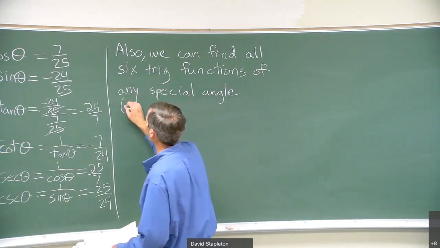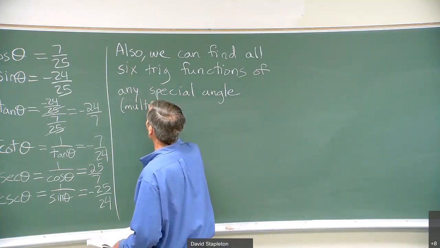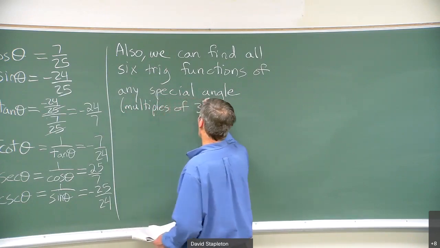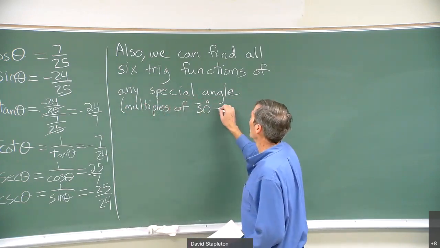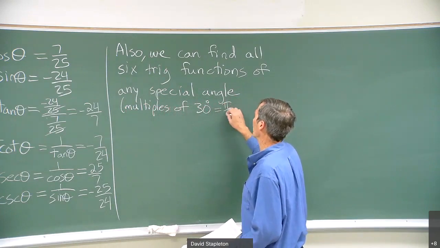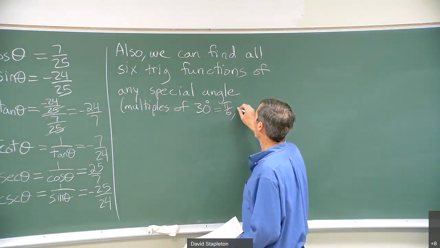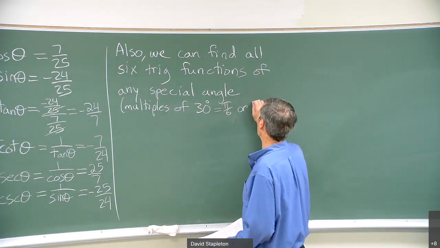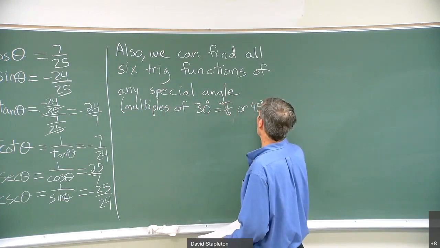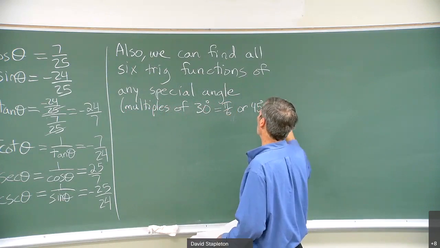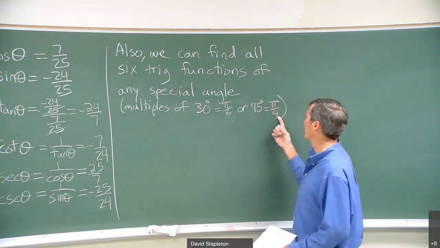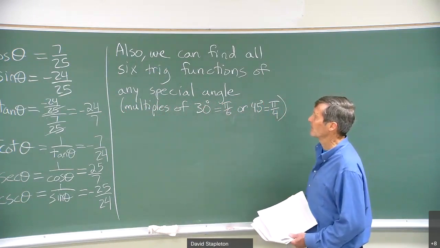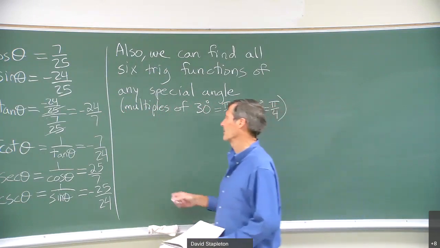The special angle being multiples of 30 degrees, or pi over 6 radians, if you do radians. Or also any multiple of 45 degrees, which is pi over 4 if you're doing radians. So just look, is that angle a multiple of pi over 4 or pi over 6? Then that's a special angle, and you can find all 6 trig functions easily.